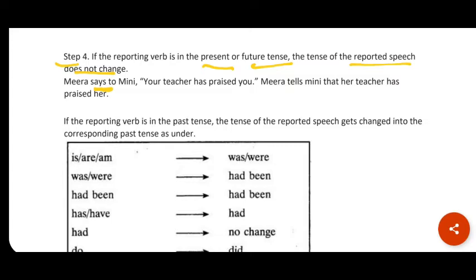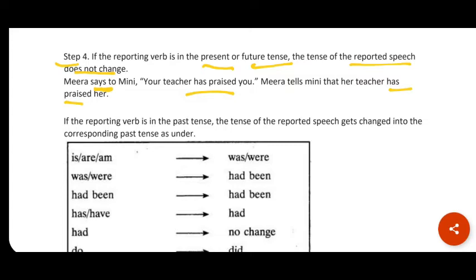Now the reporting verb says is in present tense, so the tense of the reported speech will not change. So Meera tells Minnie that her teacher has praised her. So here the tense is the same. It doesn't change.